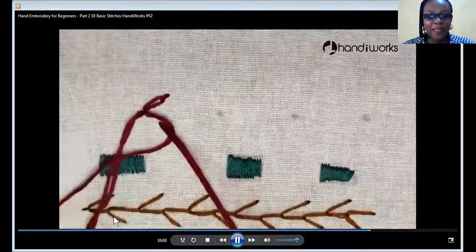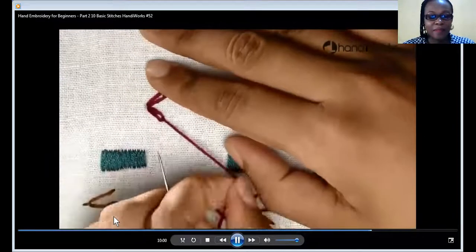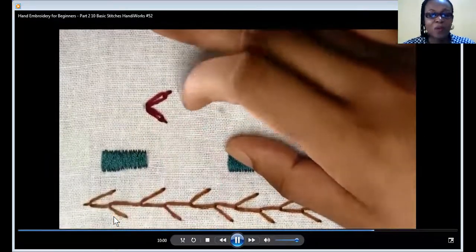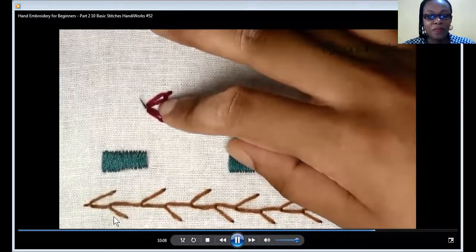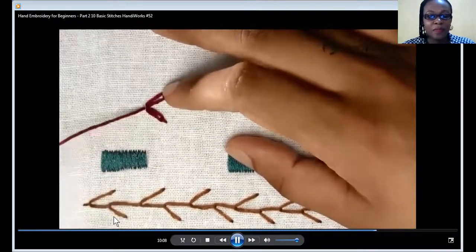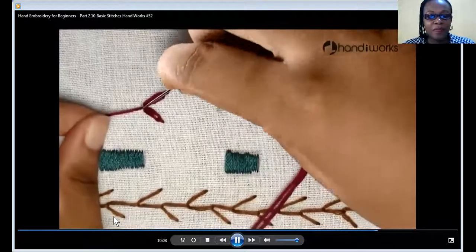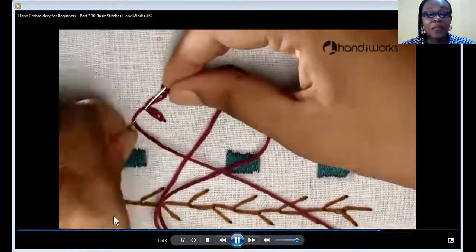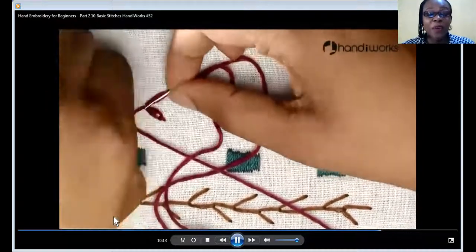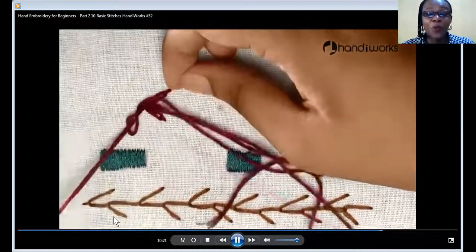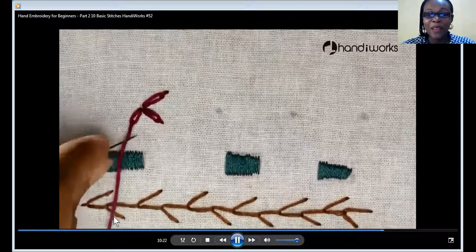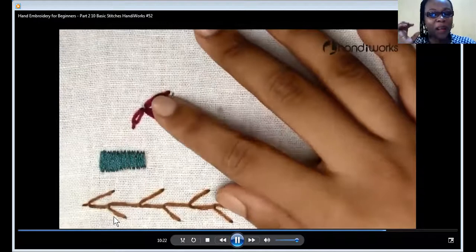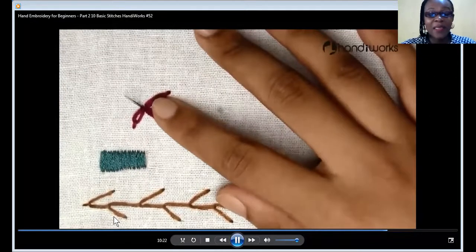You can do it. With this lazy daisy, you can make a design on your already sewn cloth. You can use it to make a design on any craft you are producing. It's very, very unique.